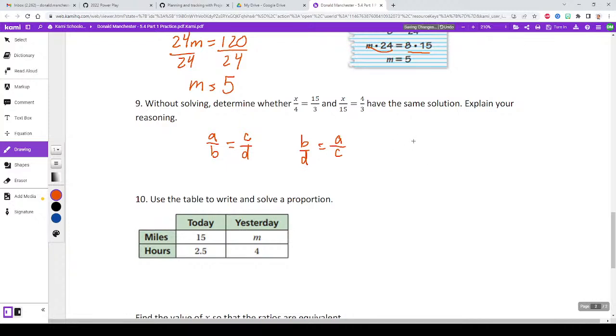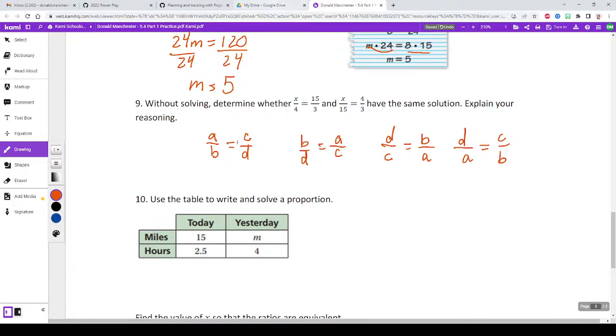And then likewise, if you keep rotating things around, put a down here and c over here and d up here and b over there, that's the same proportion.